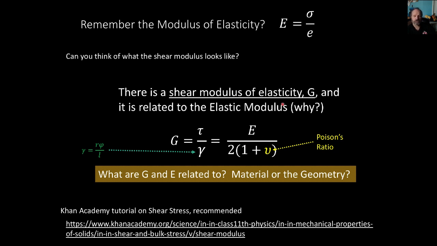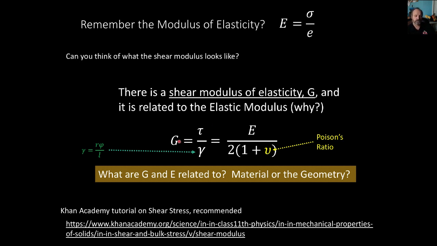So the shear modulus of elasticity we call G instead of E, right, is related to the elastic modulus. And you'd expect that, right? The stretchiness in the X or in the Z direction is going to be related to how much lateral force, in the perpendicular direction, you need to shear the material.